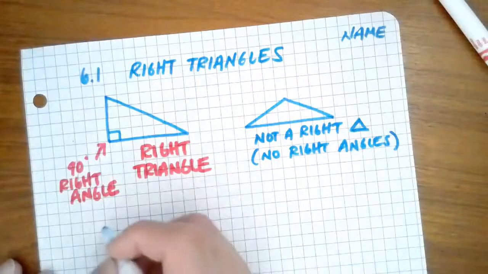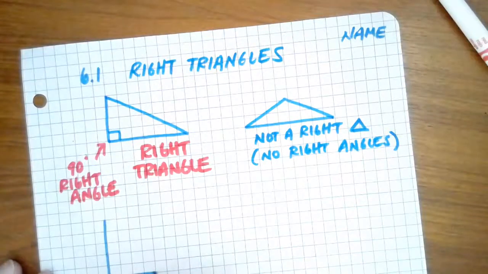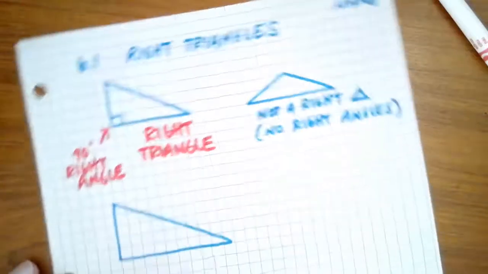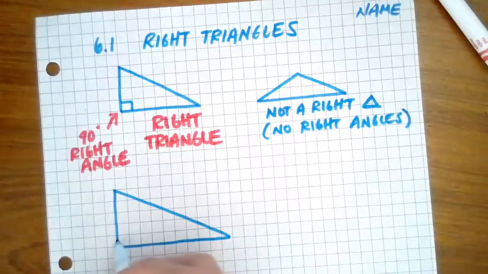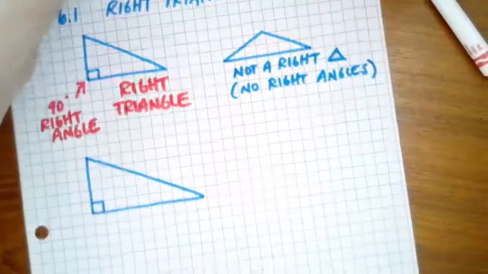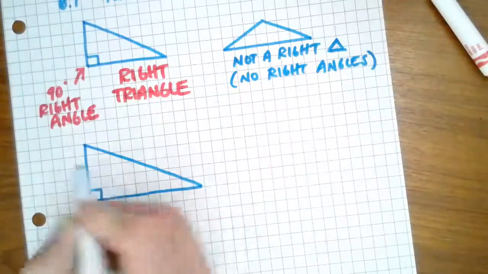Let's draw another right triangle here. Again, your exact lengths don't matter, but make sure that you have this right angle here. If you have a right triangle, you're going to have two legs.